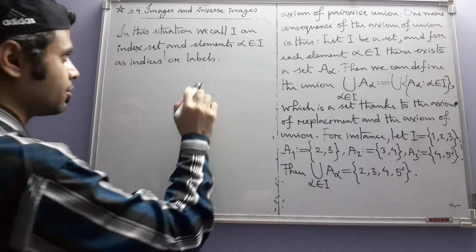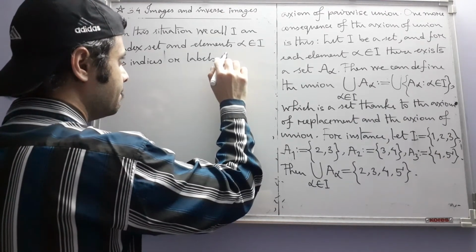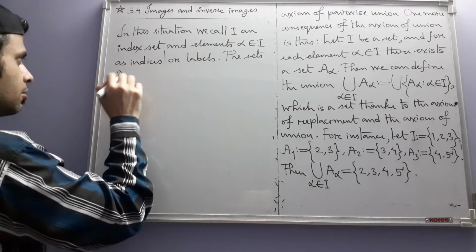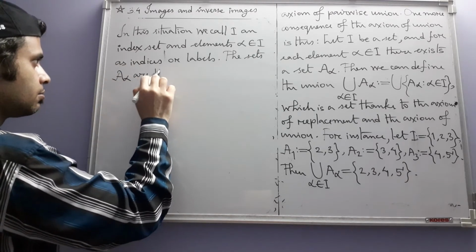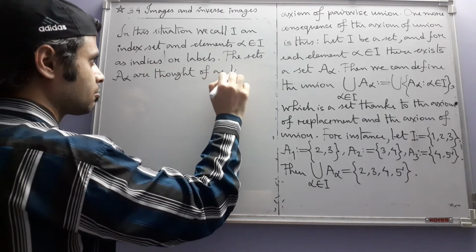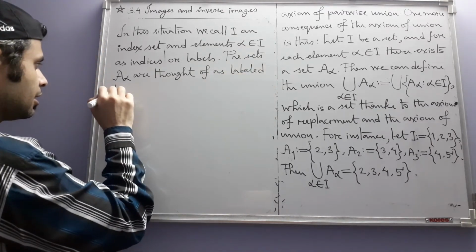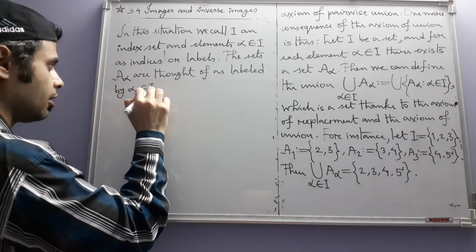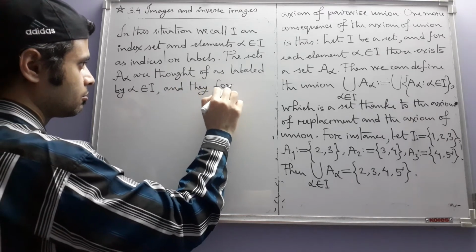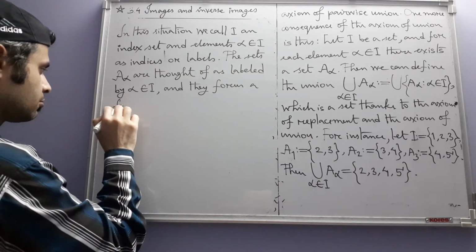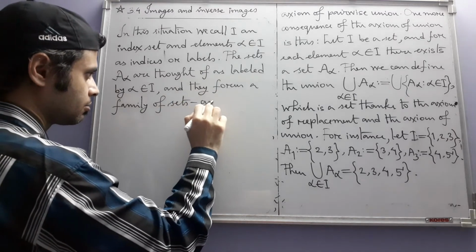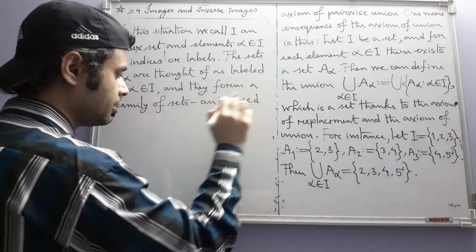Okay, so as indices or labels, the sets A alpha are thought of as labeled by alpha belonging to I and they form a family of sets, an indexed family.